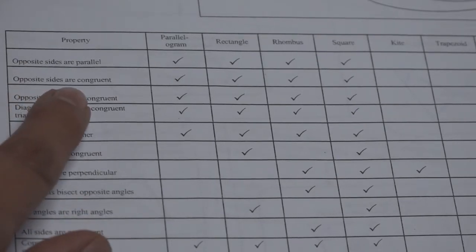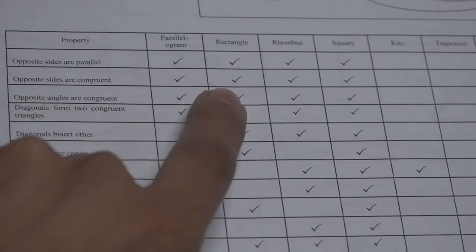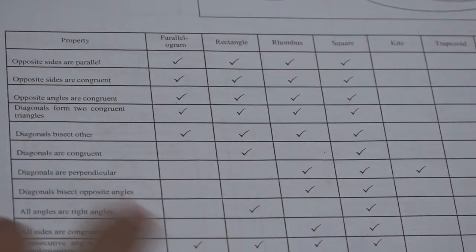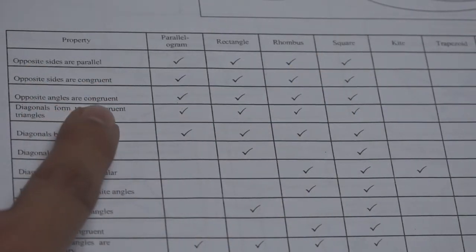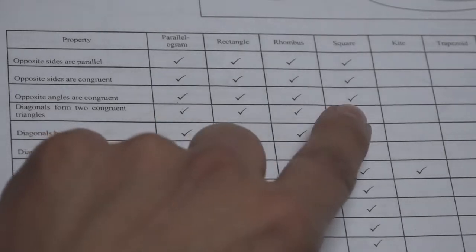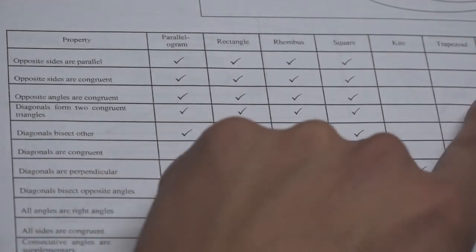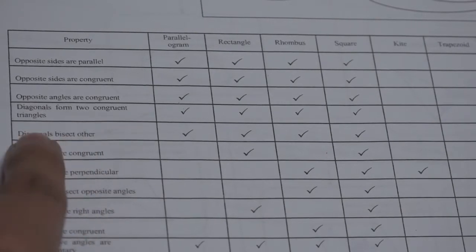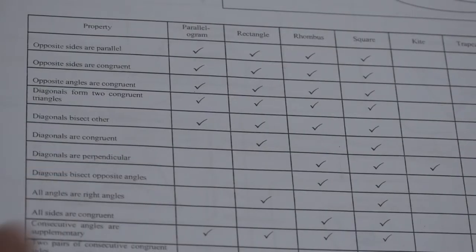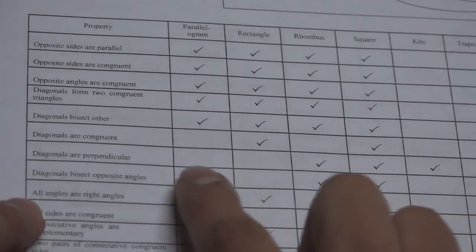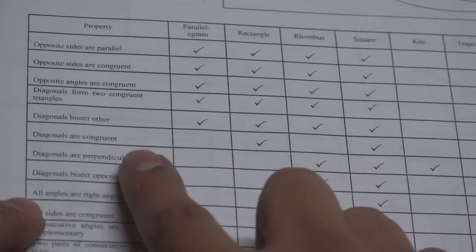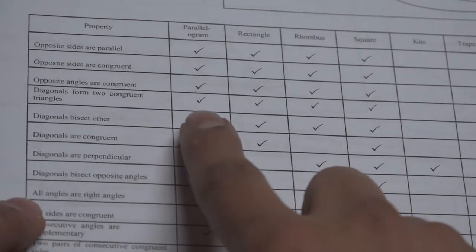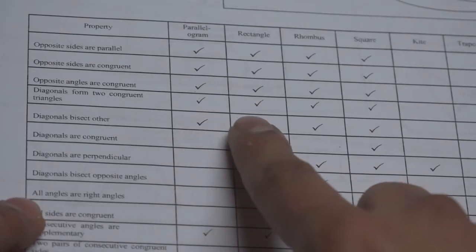Opposite sides are congruent. Once again, parallelogram, rectangle, rhombus, square. Opposite angles are congruent in all of them except for the kite, the trapezoid, and the isosceles trapezoid. Diagonals form two congruent triangles. The parallelogram, yes. The rectangle, yes.